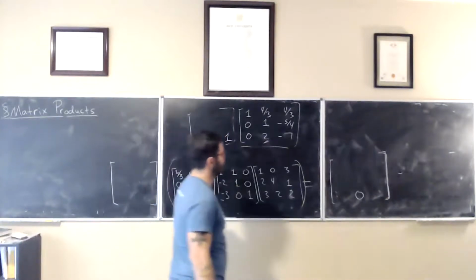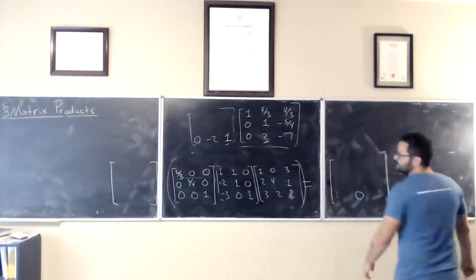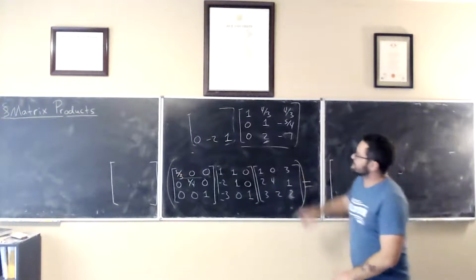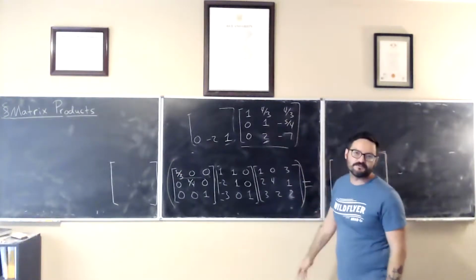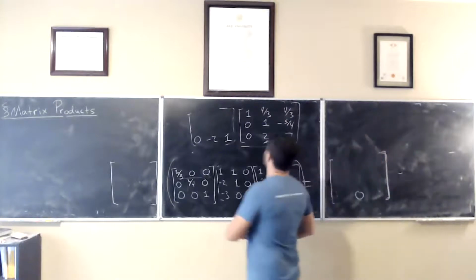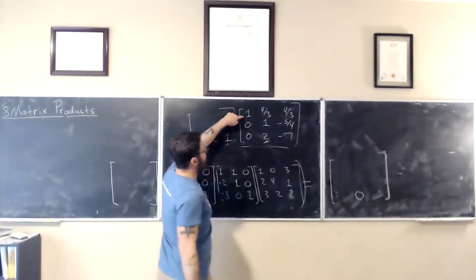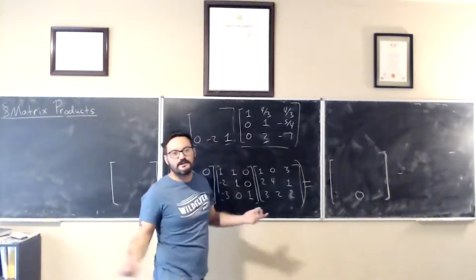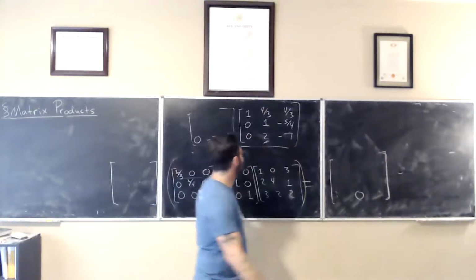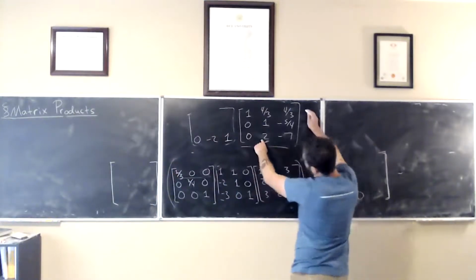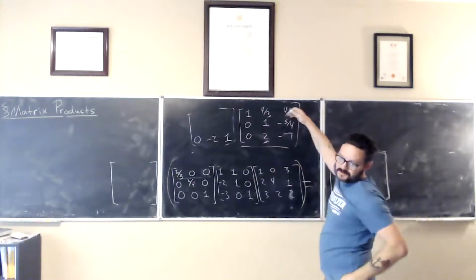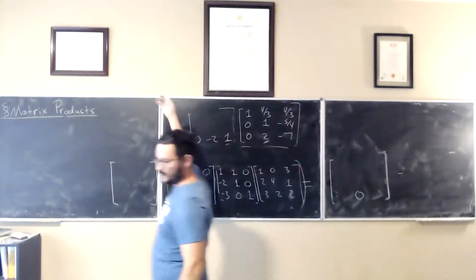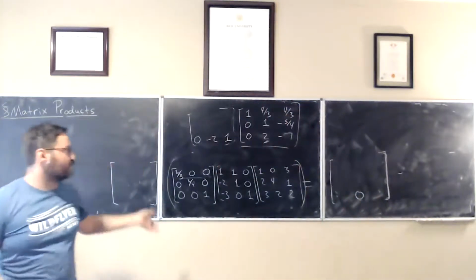Perfect. Absolutely, that's it, right? Because there's a 1 sitting right there, it makes life easier to 0 out things below it. Once there's a 1 there, I can make anything below it go away really easily. You just look at the number below the 1 and you say, oh, I need to take the negative of that number of the row where the 1 is and add it to 1 of the row where I want to make the 0.